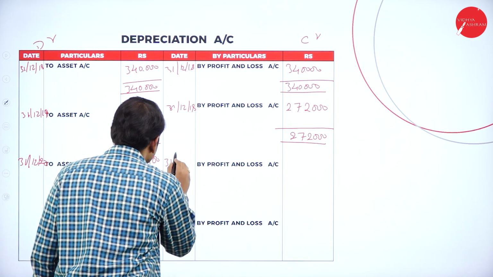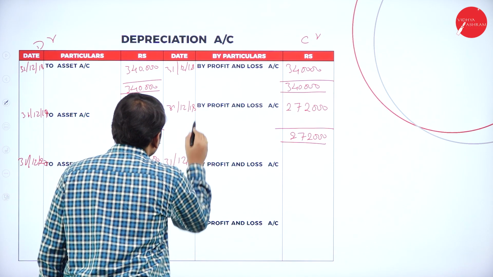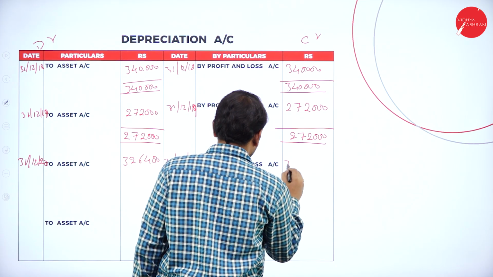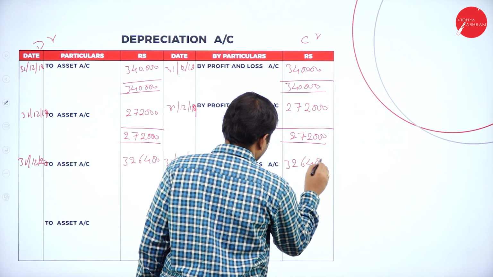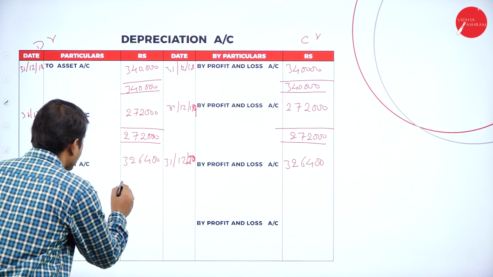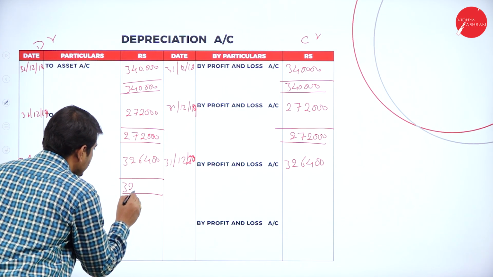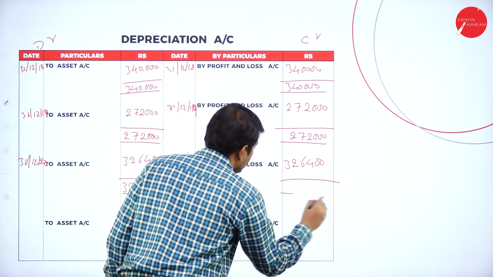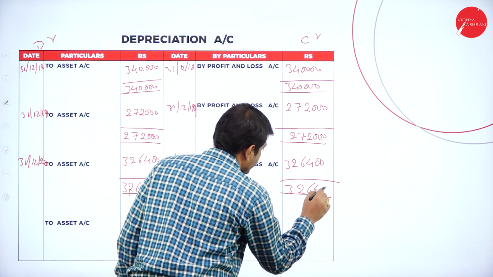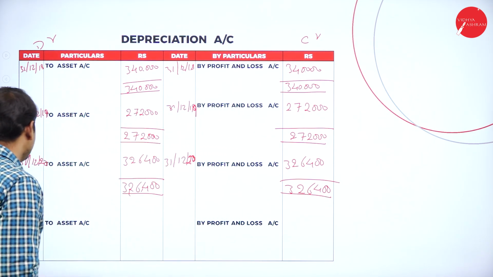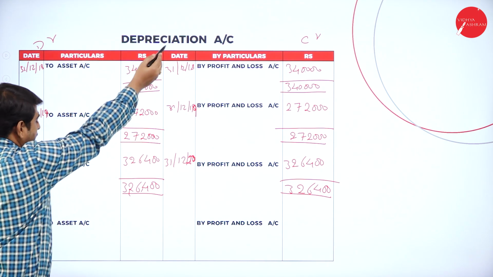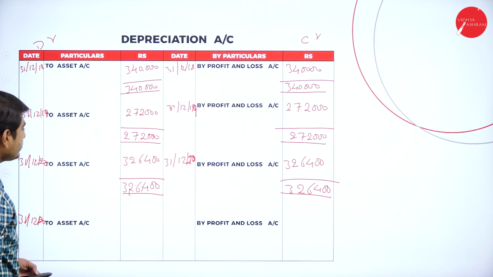Again 31st/12/2020, amount 3,26,400. Again we have to tally the account. 3,26,400. Next, again we have to show the entry 31st/12/2020, by depreciation to asset account.